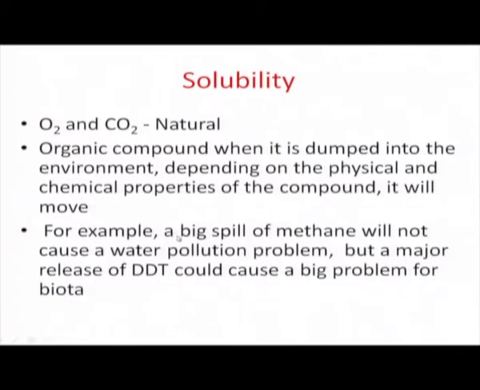For example, a spill of methane will not cause a water pollution problem, because methane is a highly volatile compound. Immediately it escapes from the aquatic system. So, there is no pollution problem if methane is somehow introduced into the water system.